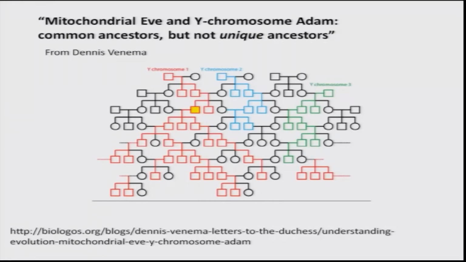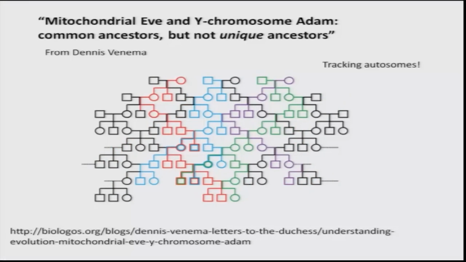This is possible only if you have traced the mitochondria and Y chromosome, because the segregation is either from father or from mother. However, if you are trying to trace, for example, an autosomal gene, it's very difficult, because all sorts of mixture take place. It will be very difficult to understand whether it has come from one of the 2 parents or both of them, and so on. So it is extremely difficult.